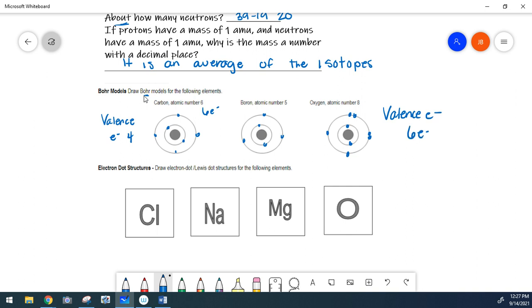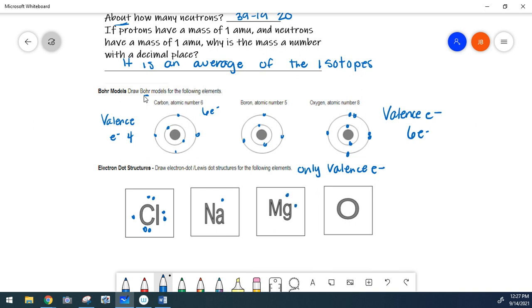All right. So now we're going to do dot structures. So dot structures are only what? Only the valence electrons, right? Not all the electrons. Okay, so how many valence electrons does chlorine have? 7. Okay, remember we go all the way around. 1, 2, 3, 4, 5, 6, 7. Okay, how about sodium, Na? 1. Okay, how about magnesium? 2.